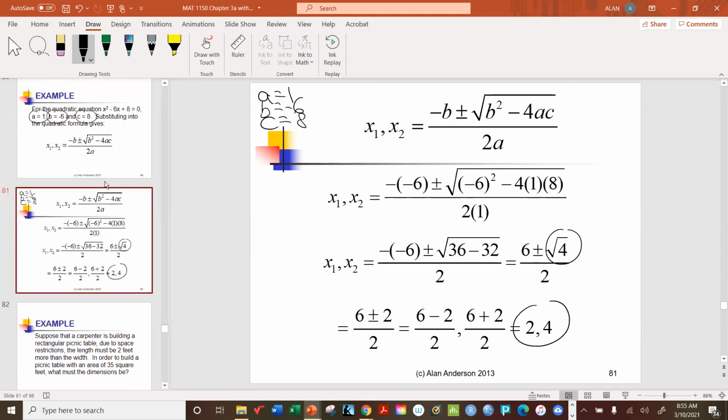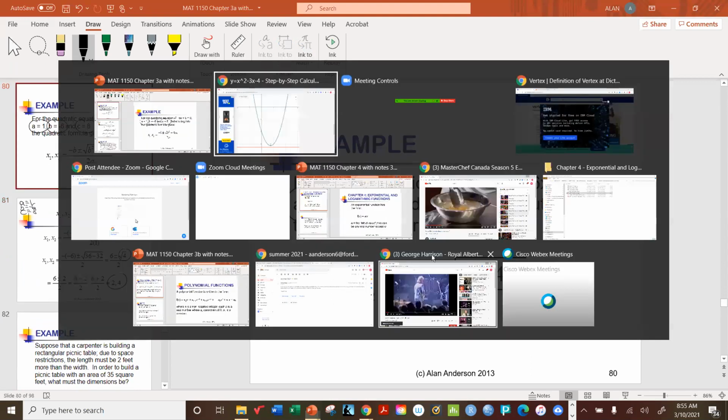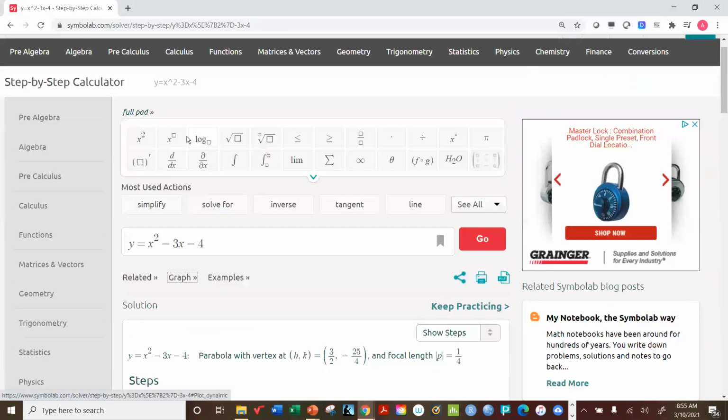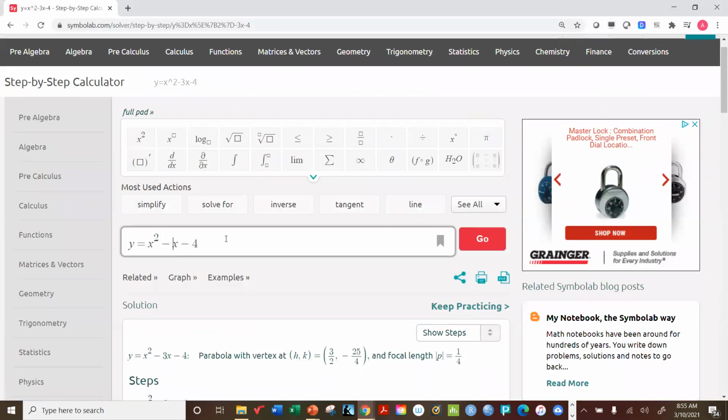And so what we can do now, in fact, why don't we go visit Symbolab again, and you can visually see what this is supposed to look like. X squared minus 6x plus 8.